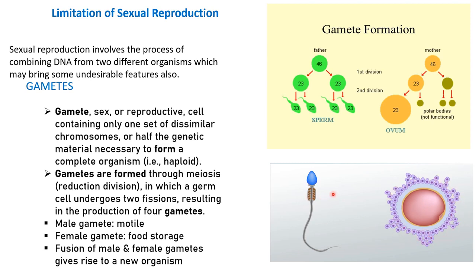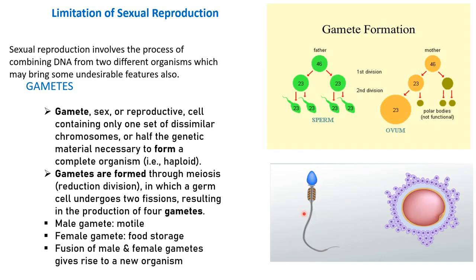And definitely there are changes in the sexual organs in the two different sexes, male and female, because they have different types of gametes. If you see the male gamete, it is quite motile. Even in plants, male gametes are motile and female gametes are not that motile, but the female gamete has stored food for the new fetus to develop, right?